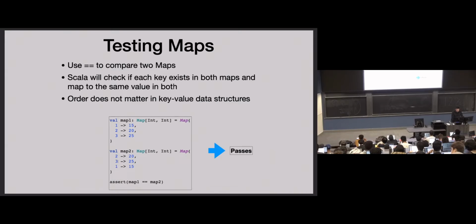Well, yeah, they both contain the keys 1, 2, 3, just in different orders. And do these keys map to the same value? This map 1 maps to 15. This map 1 maps to 15. Does 15 equal 15? Yes. We can go through each key value pair, and these 2 maps have all the same key value pairs. So these will be equal according to the equal method. This test passes.